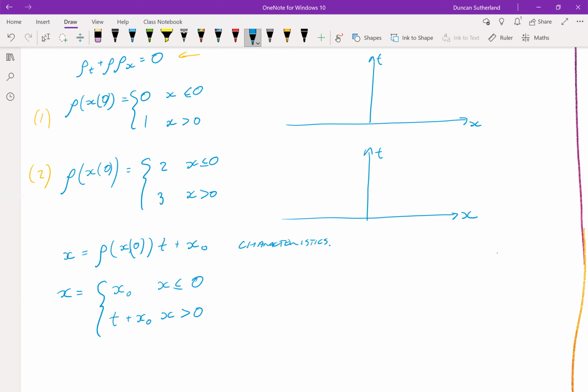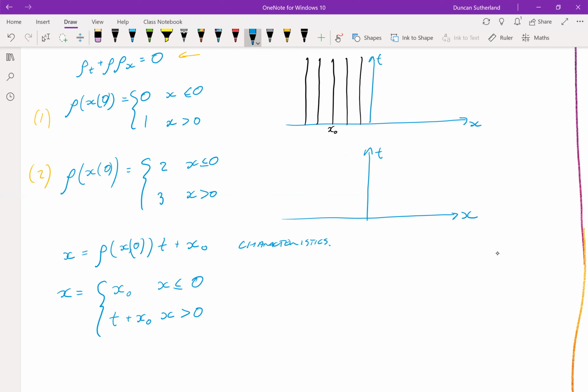That's easy enough to draw. x equals a constant in time is just a vertical line. And these are different possible values of our starting point. So that's the characteristics in that region.